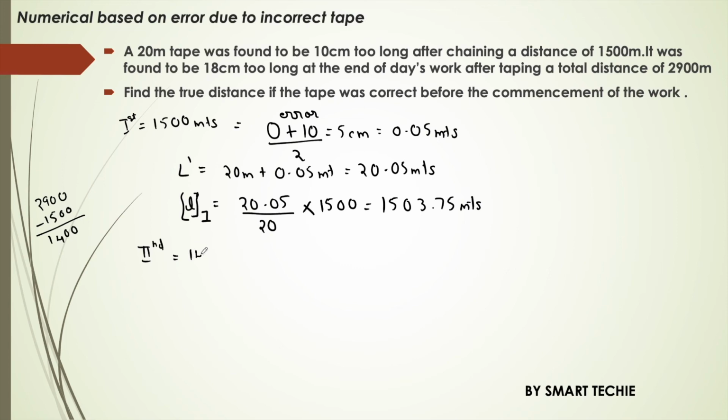So I'll consider 1400 meters in my next case, and my error will be from 10 centimeters too long to 18 centimeters too long. So what will be the error? It will be 14 centimeters, that is nothing but 0.14 meters. So what will be my L2 here, which is a true length?